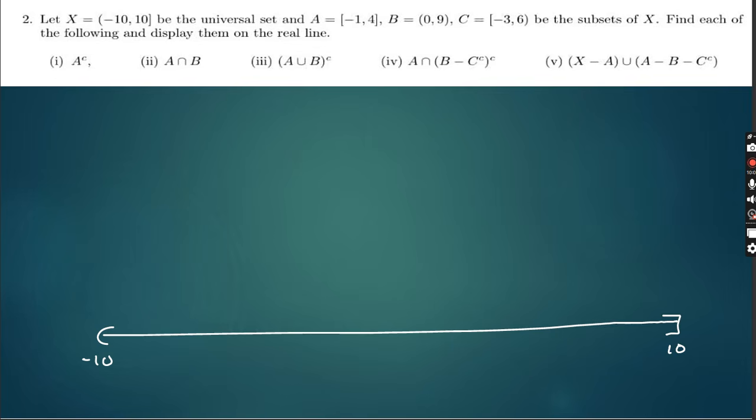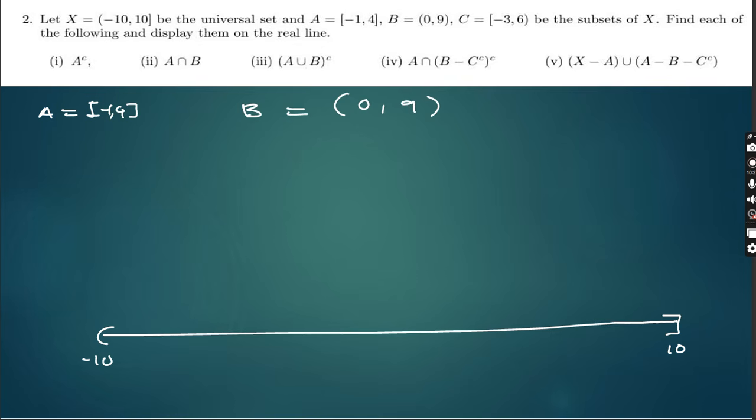So in set A we have, this is what I want you to be seeing, A we have -1, comma 4. In B we have 0, comma 9 there.